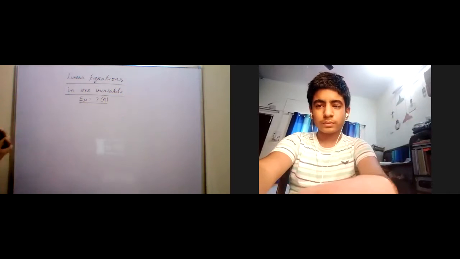Try to tell. So solution means the answer, that is, the value of the variable x. The value of the variable is known as solution. Okay, good, but I would like to know something more about it.